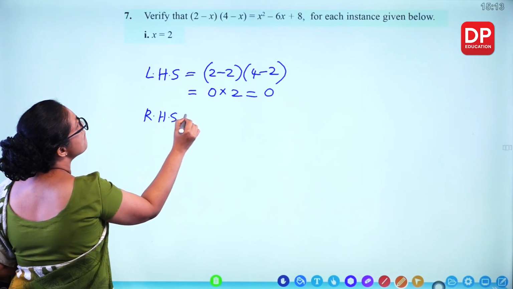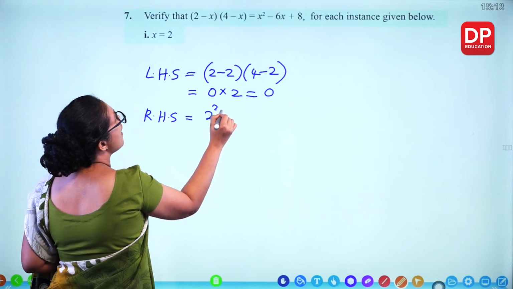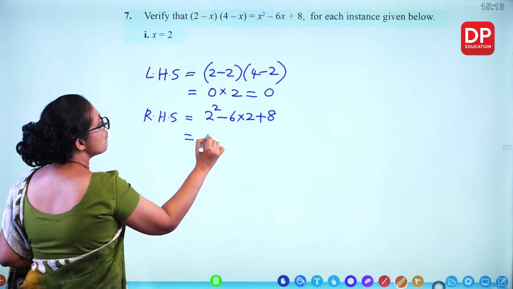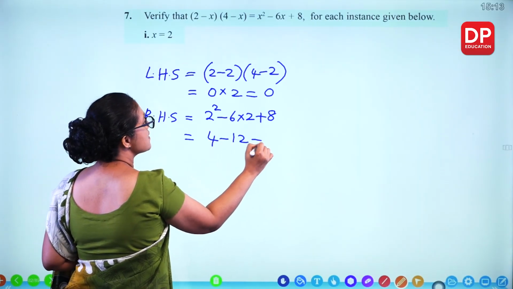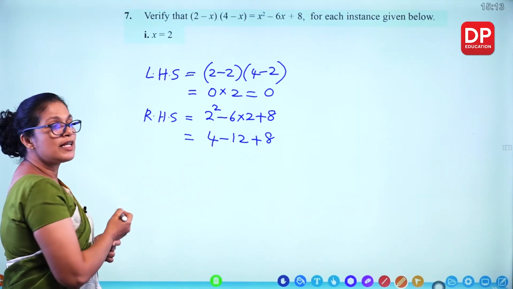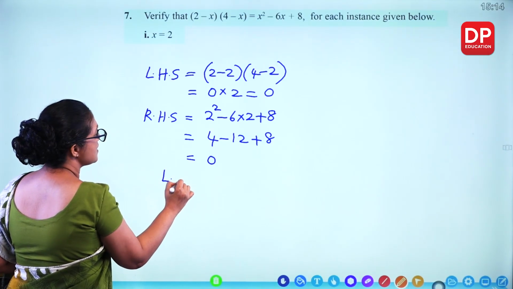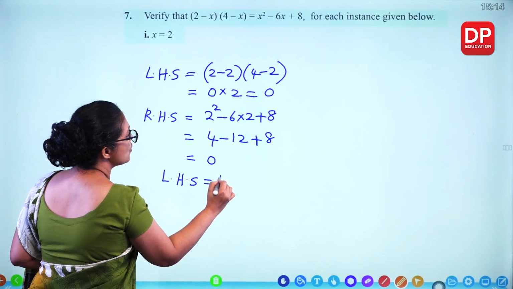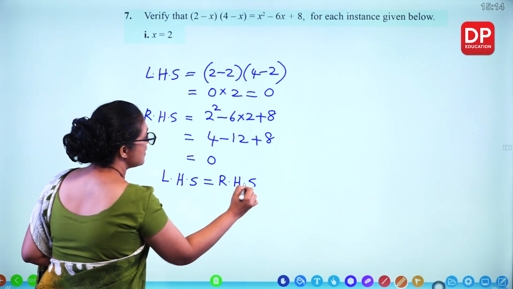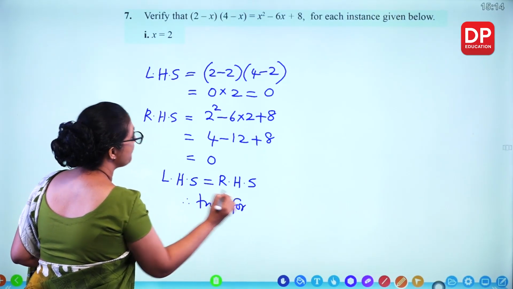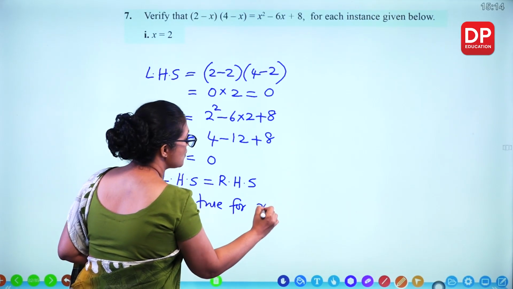Right hand side, 2 squared minus 6 times 2 plus 8. 4 minus 12 plus 8. 8 plus 4, 12. 12 minus 12, you get 0. So left hand side is equal to right hand side. So therefore this is true for x equals 2.